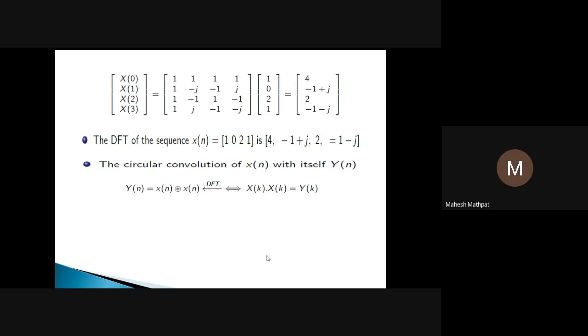So y of k equals, just substitute the value of X of k and X of k: 4, minus 1 plus j, 2, minus 1 minus j, multiplied with the same again, and calculate its answer.